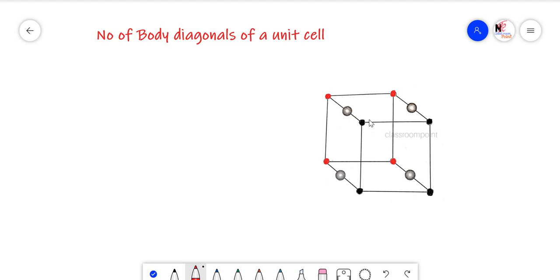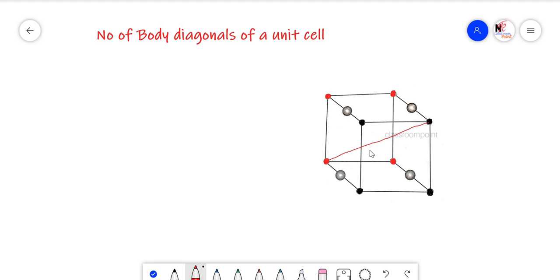Opposite corners means not along the face here. If you connect along the face, it is called a face diagonal. If you connect through the body center, it is called the body diagonal. Now I am connecting this red atom with the black atom. So this is called the body diagonal.